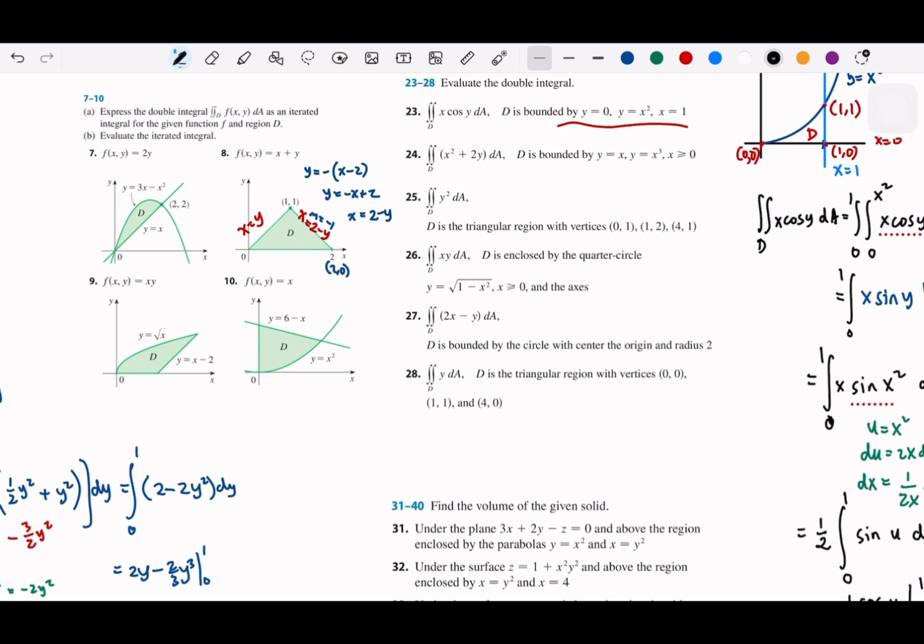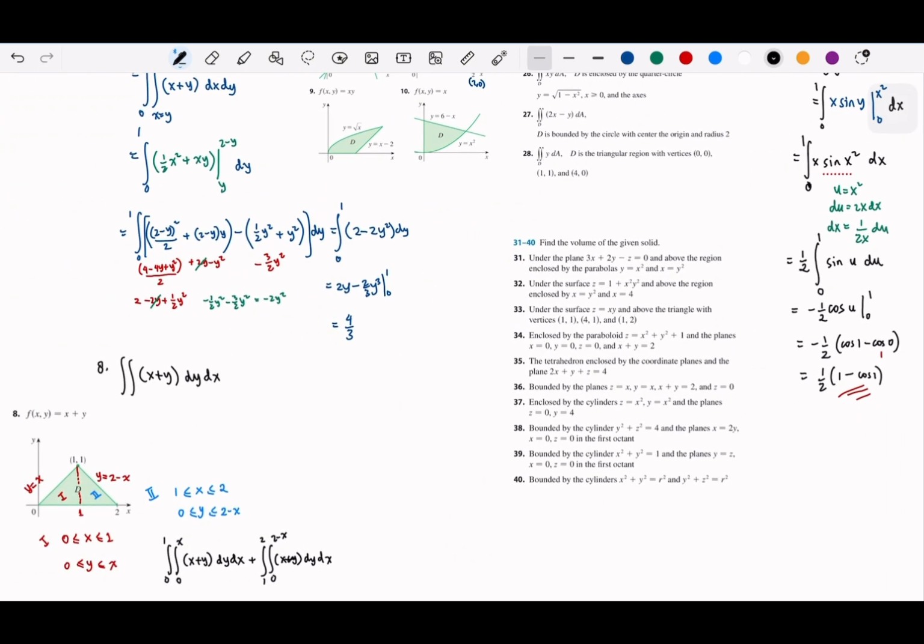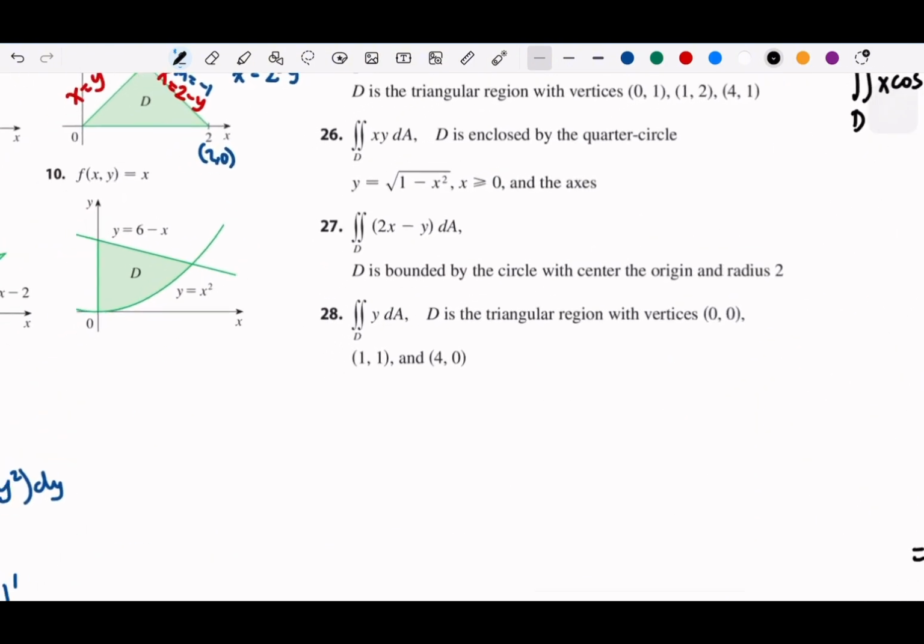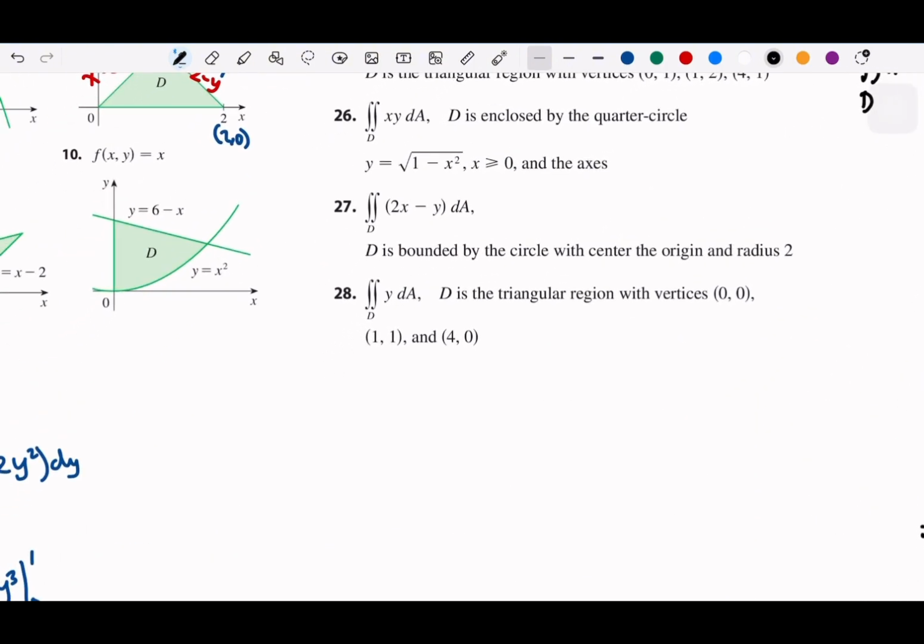So let's take number 27. Because it's quite simple, I believe that we could work on it directly. Let me check this out. So D is bounded by the circle with radius 2.